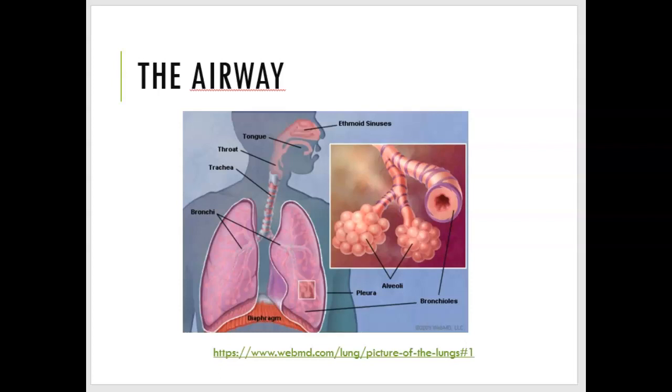So there's then a thin layer of fluid that acts as a lubricant, which allows the lungs to slip smoothly as they expand and contract with each breath. So again, those two layers of membrane, you don't want them sliding together when they're dry, because that would cause a lot of pain for patients. And that type of thing is called pleurisy.